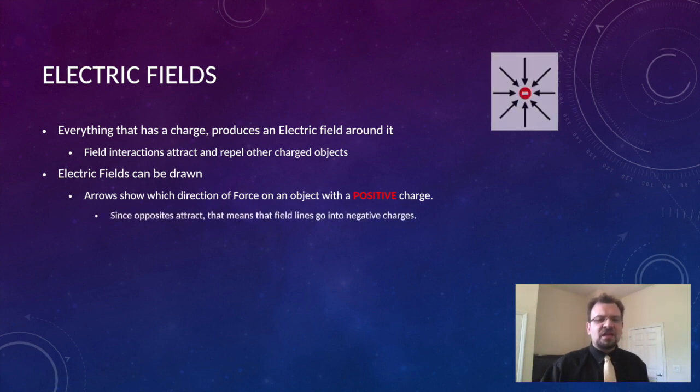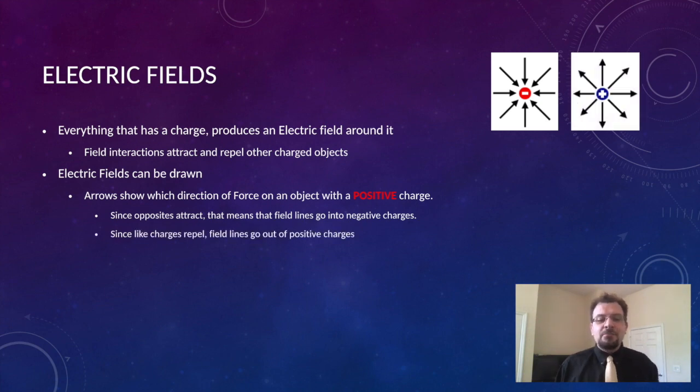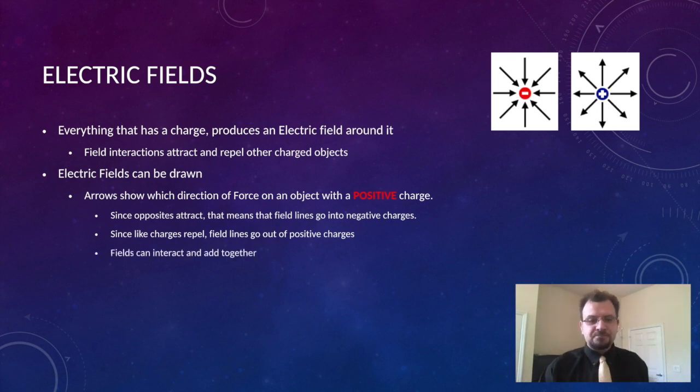Since opposites attract, the field lines would need to go in to a negatively charged object, because this is showing the direction of force on a positive charge. Similarly, because like charges repel, the field lines are going to go out of a positive charge, because that's going to be forcing another positive charge away.